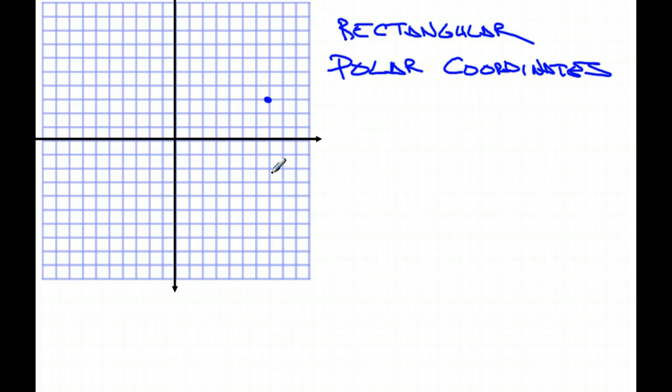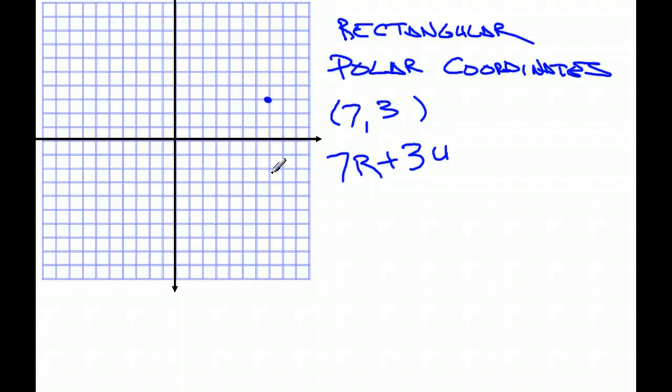Right now, if you were to tell me what that point is, you would go 1, 2, 3, 4, 5, 6, 7, 1, 2, 3. That's the coordinates for that point. What we're going to do now is make a little change on how you write 7, 3. We're going to write it as 7 to the right plus 3 up.